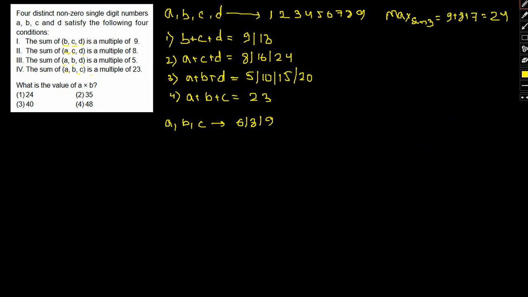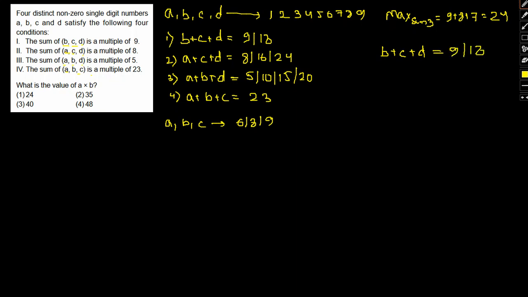Okay, now we know b plus c plus d, from the first one, we initially had 9 or 18, right?